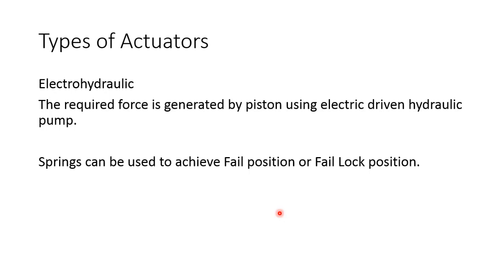That is the reason you go for electrohydraulic. You might have seen in a lot of earth moving equipment where piston and cylinder arrangements are used to generate very high force and very good precision also. So that is where the electrohydraulic is used.